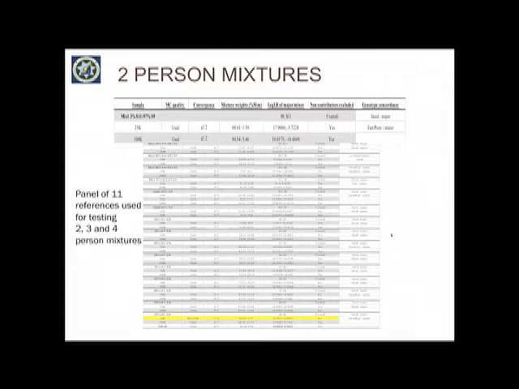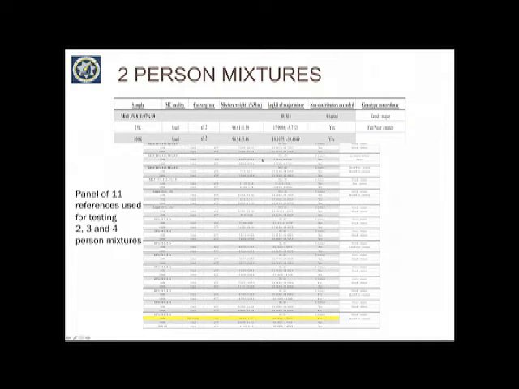So this sample, mix 1, is supposed to be a mixture of sample S11 and S9, with S11 being just a 3% contributor to this mixture. And I analyzed the sample at 25,000 and 100,000. That's what the K refers to, cycles for the TrueAllele process.